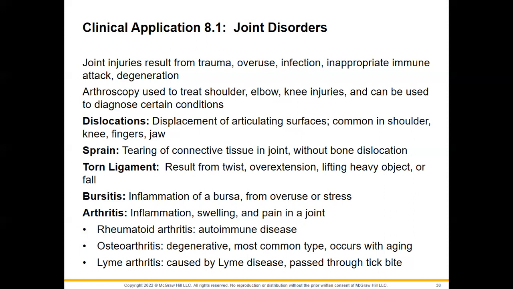You have osteoarthritis, which is a degenerative disease. This is the one that's most common with aging. So those of you who are athletes, as you get older, you may experience some arthritis in your joints, especially those that you use most often in sports.